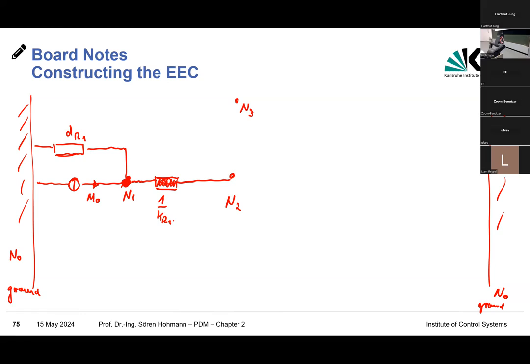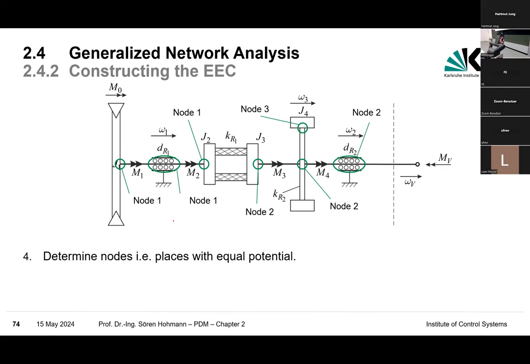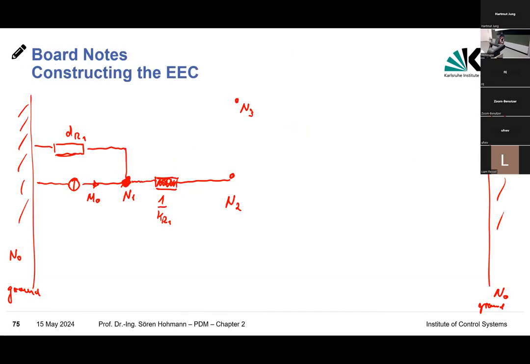Now, attached to node 1 is also the inertia of the shaft, right? So back to our picture. Here's the inertia of the shaft, J2. So we need to connect J2 as a capacitor to what? To the ground, right?